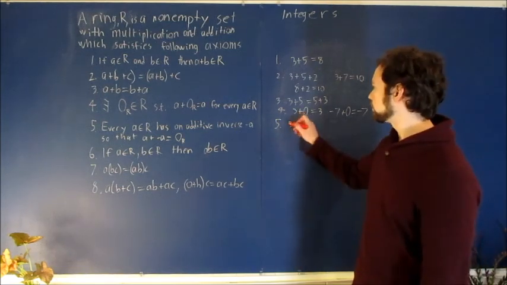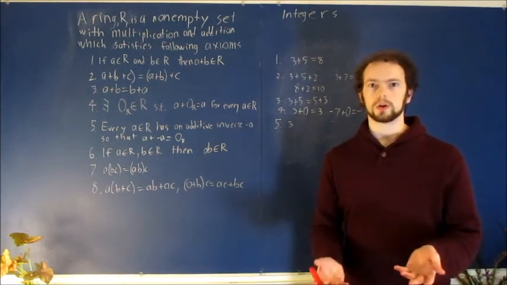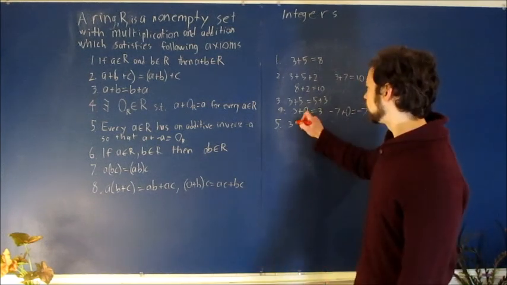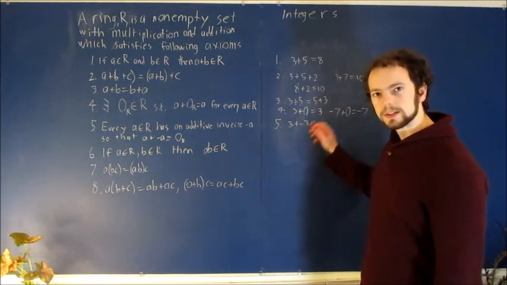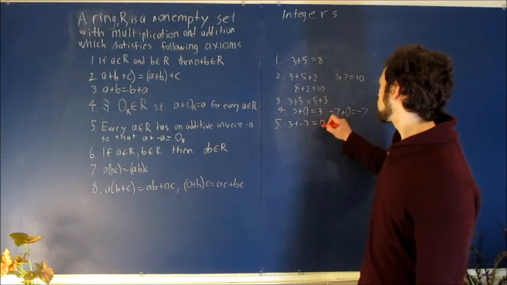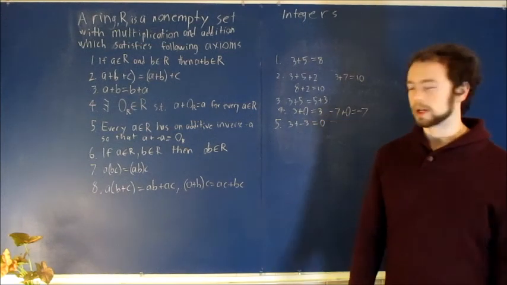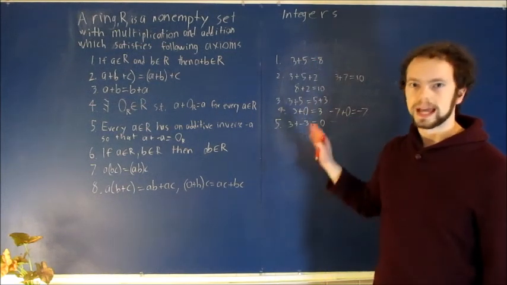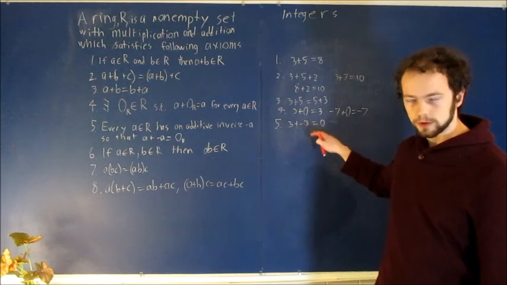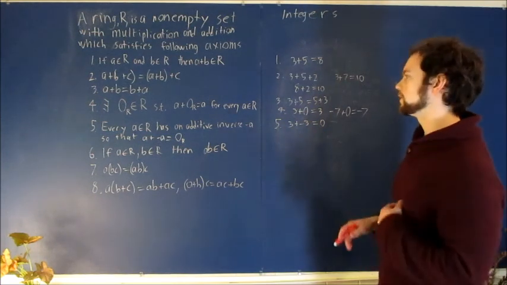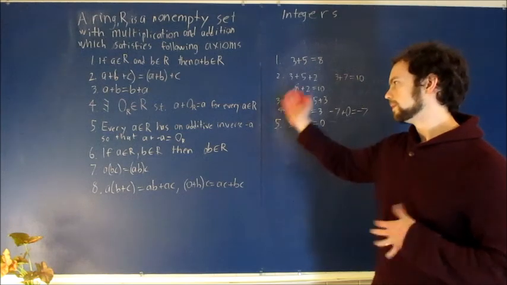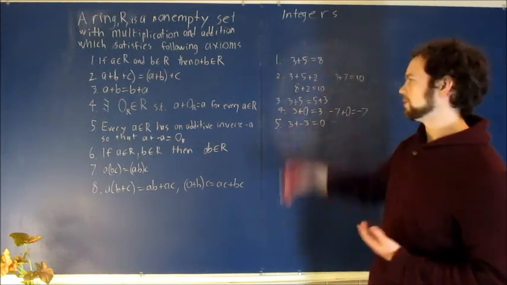If I pick the number 3, well, we know there's also a number negative 3. And when I add 3 to negative 3, I get 0, right? Every integer has an additive inverse. Okay, so criterion 5 is satisfied for the integers, right?